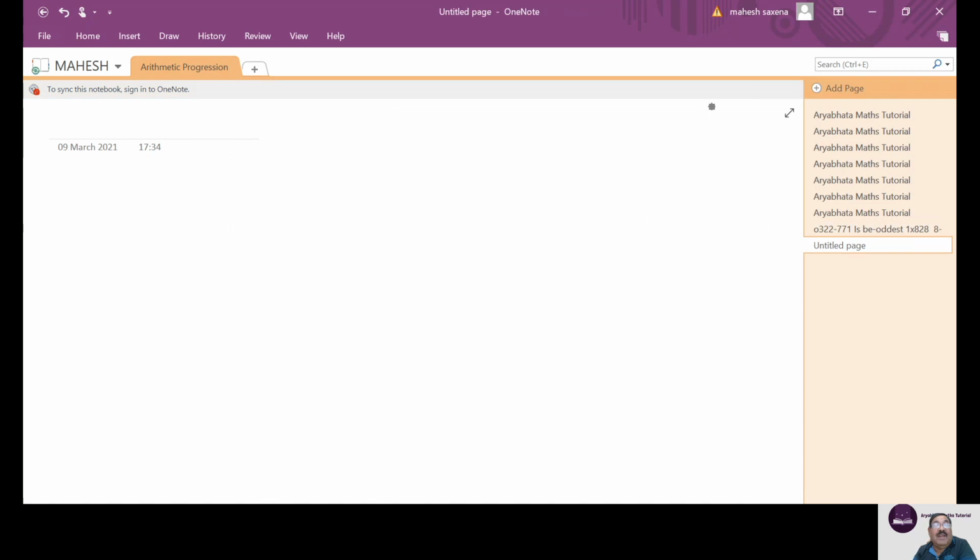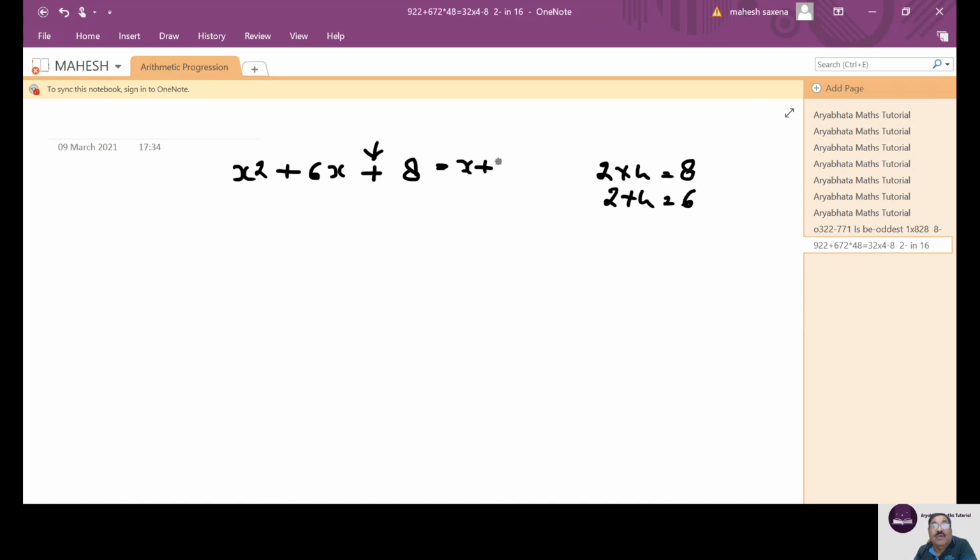Take another example. Let it be x square plus 6x plus 8. Here 2 into 4 is equal to 8. Since it is positive, 2 plus 4 is equal to 6. Therefore its factors are x plus 4, x plus 2.